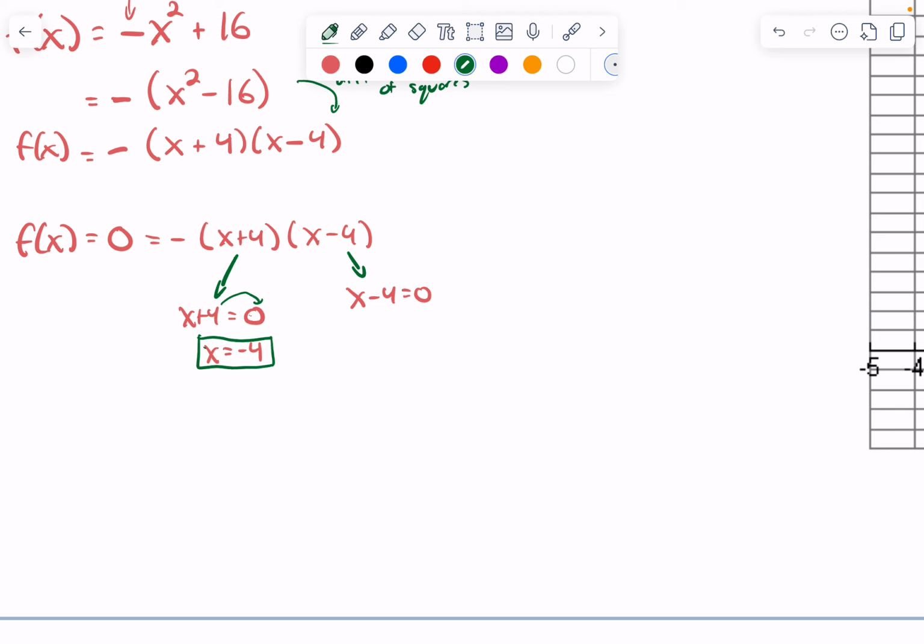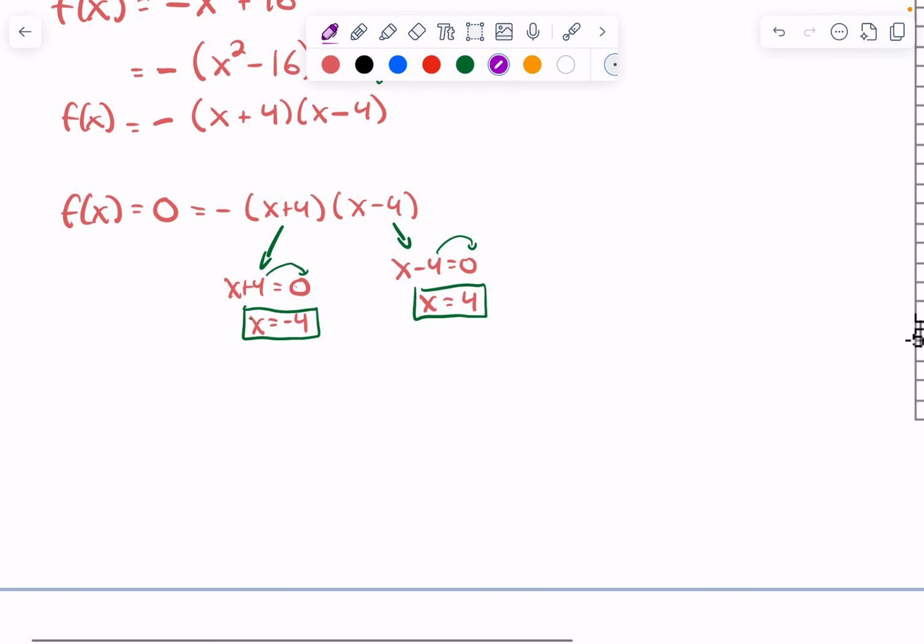Same process, bring the minus 4 over, and you get x being 4. There is your other x-intercept. Again, solution, x-intercept, zero. And why are these zeros? That's because this has a coordinate of (-4, 0) and (4, 0).